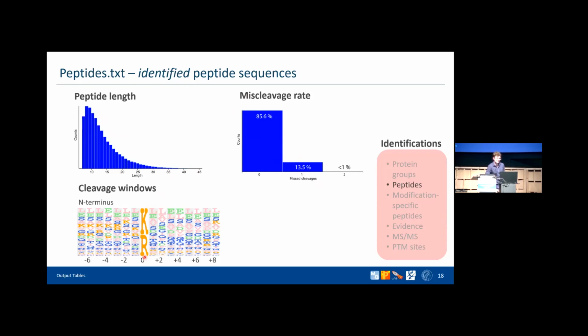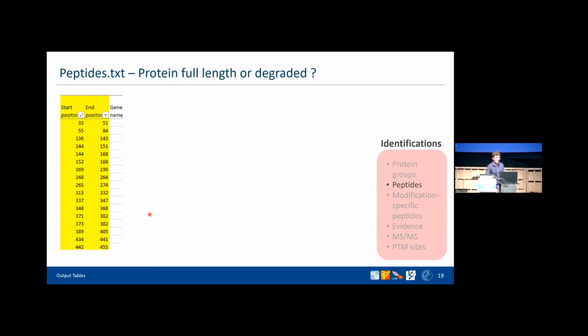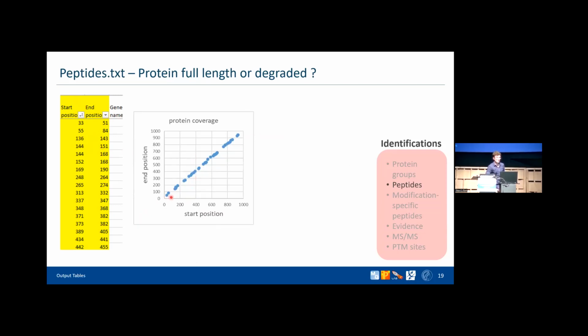Then we can look at the cleavage window. Did it actually cut at the correct positions? Does it make sense? Does it match our protease? And then we can look at the coverage. For every peptide, I showed you the start position and the end position, so we can plot something like this. Is our protein covered, or are there peptides only in some regions of the protein?